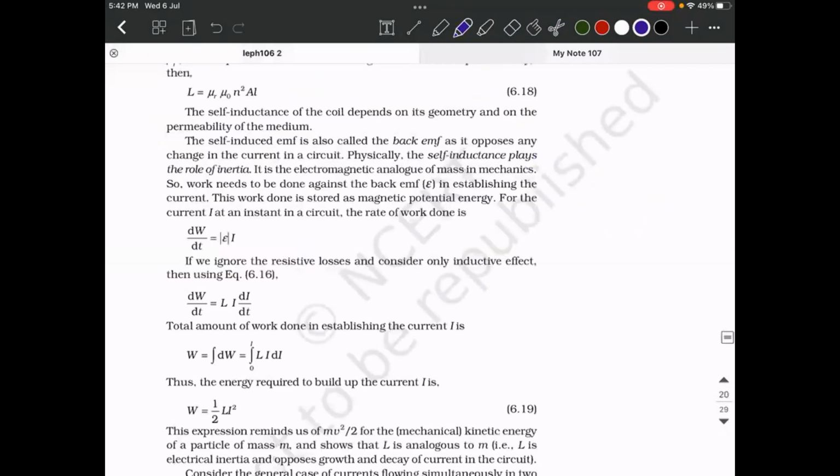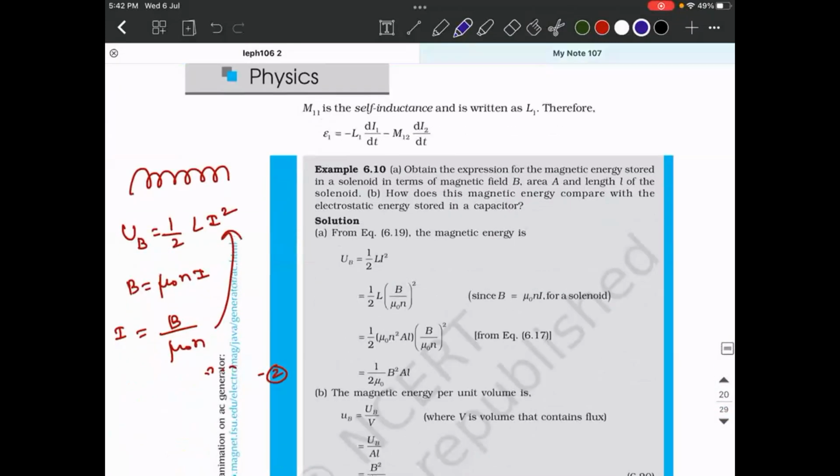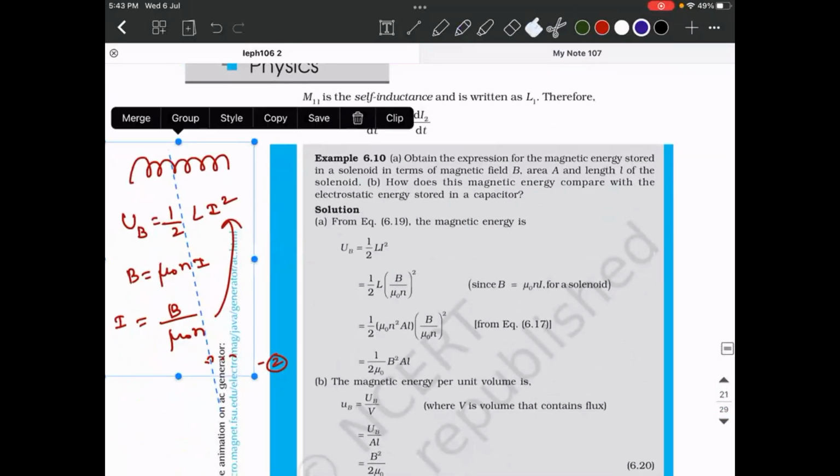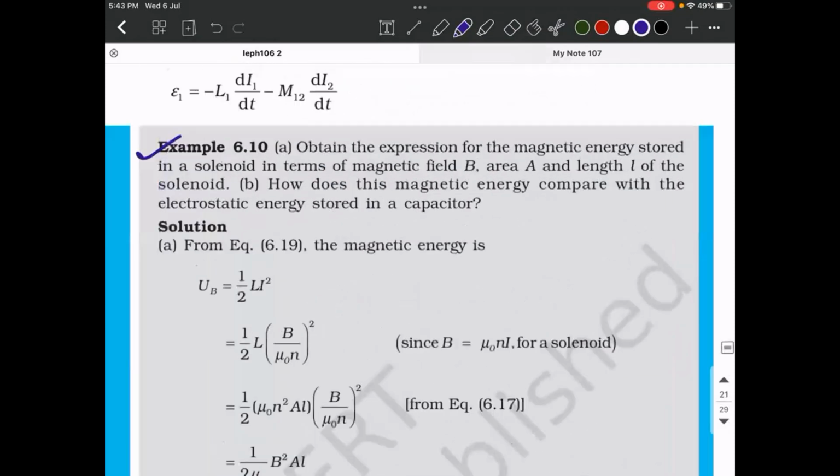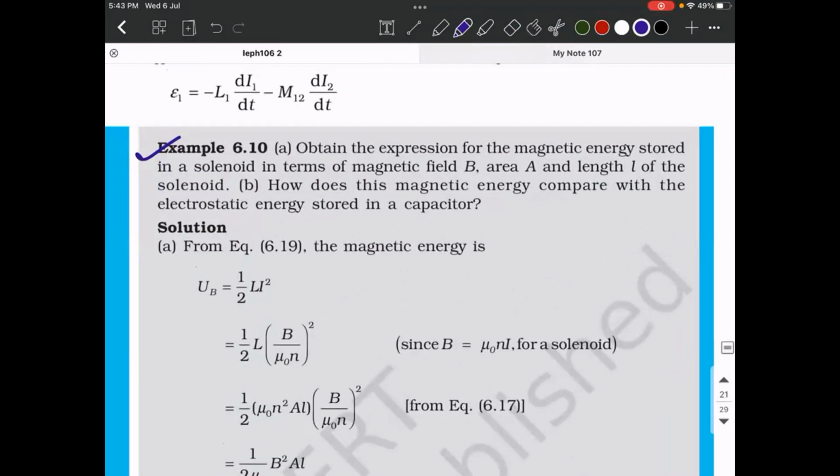Now based on this, there is a problem. Read the question: obtain the expression for the magnetic energy stored in a solenoid in terms of magnetic field B, area A, and length L of the solenoid.